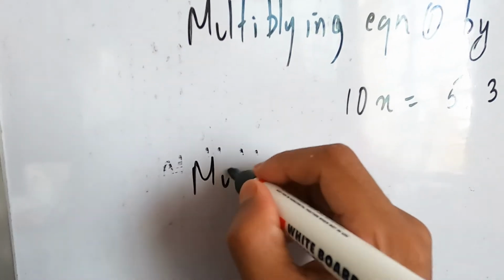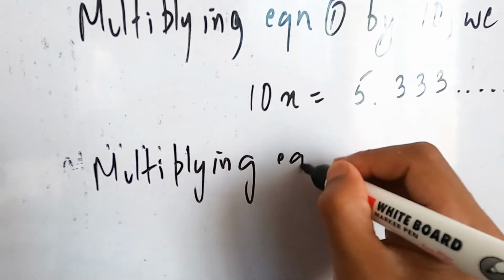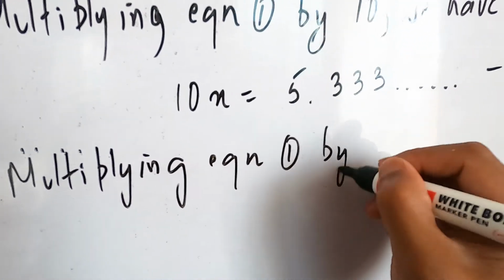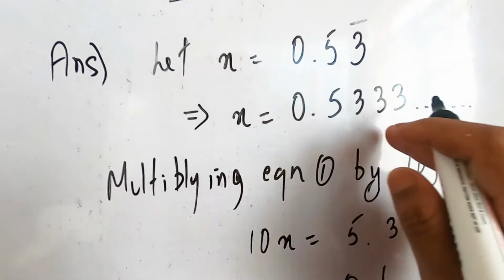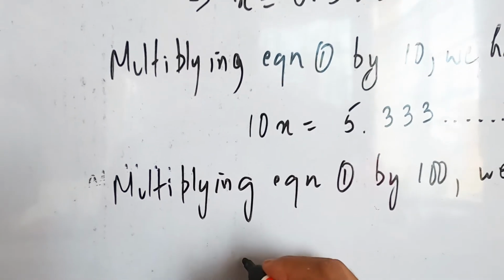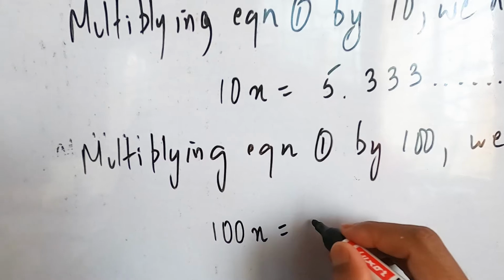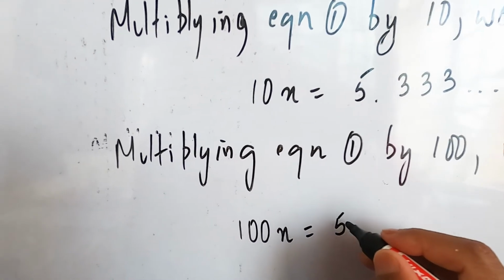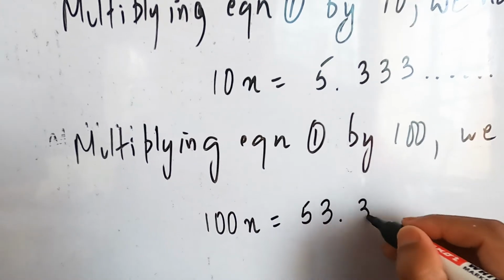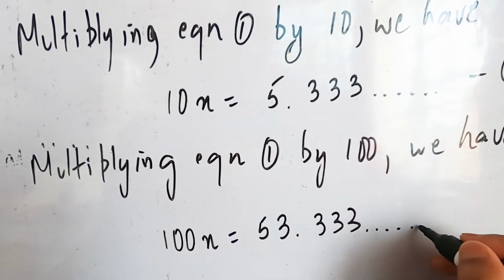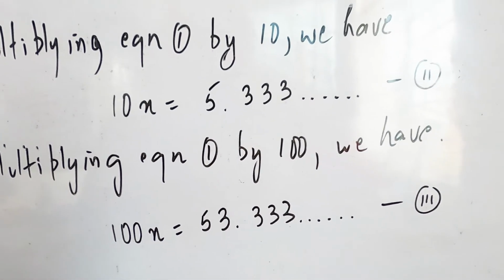So multiplying equation 1 by 100, we get 100x equals 53.333 and so on and so forth. This will be equation number 3.